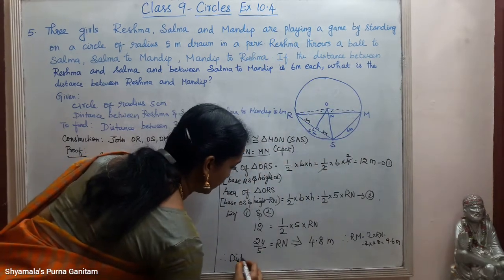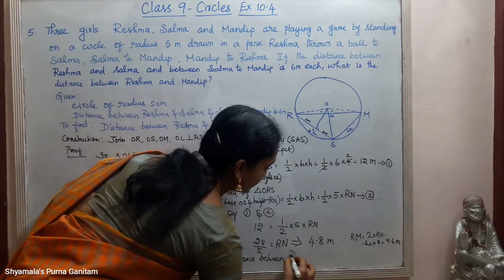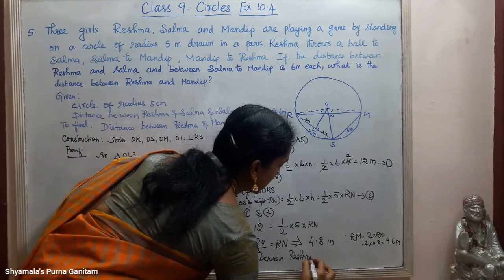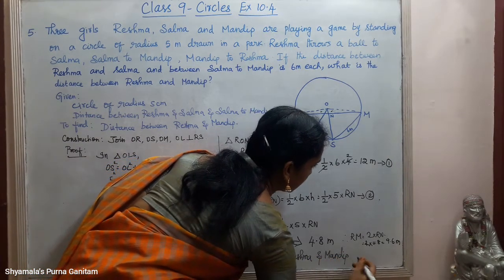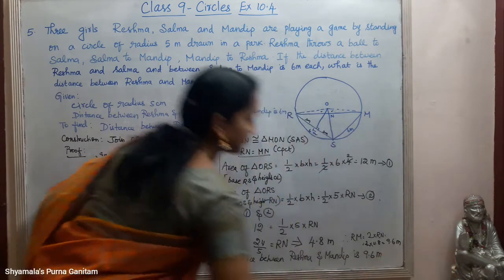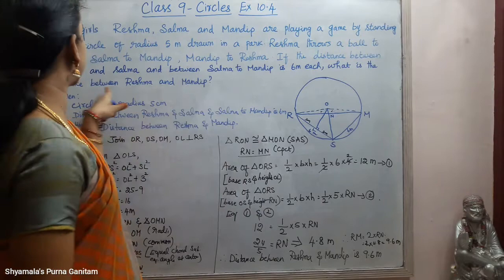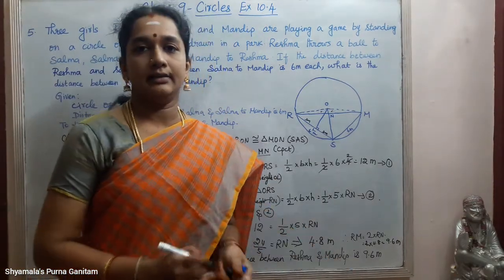So the distance between Reshma and Mandir is 9.6 meter. We were asked to find the distance between Reshma and Mandir, so we got it like that.